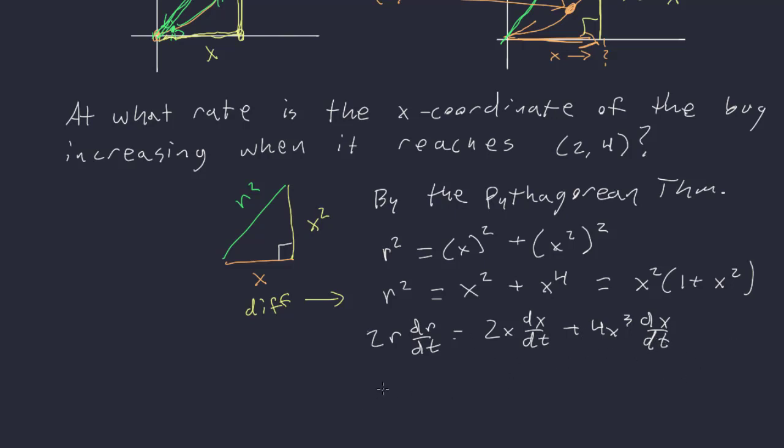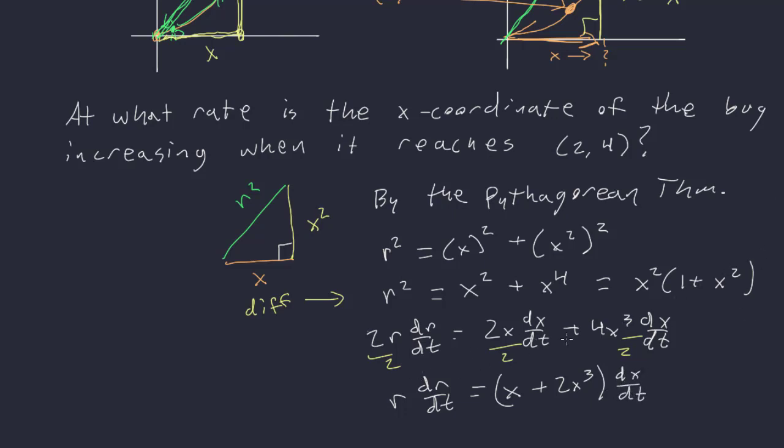And so we can actually factor, well, first we can divide everything by 2. So let's start there. Divide everything by 2 to simplify. Okay, and we can factor out the dx/dt. So we'll have r dr/dt is equal to x plus 2x cubed times dx/dt.